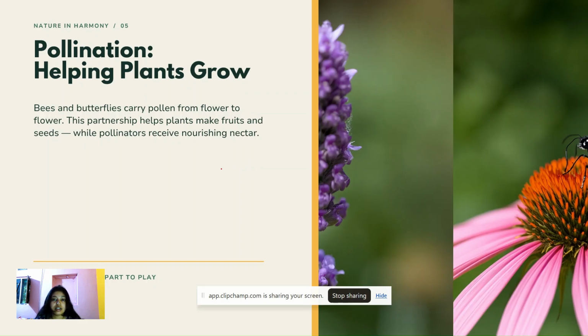But in the other sense, pollinators also receive the nectar. So it is a give and take situation. In this condition, life is well balanced and the ecosystem fully managed.